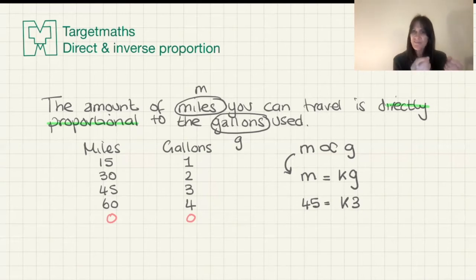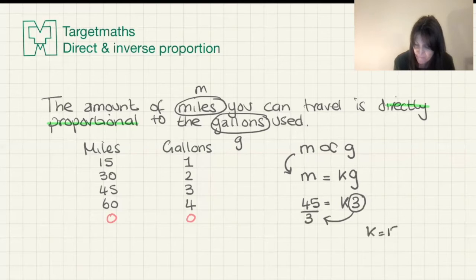So I'm going to use a fact about my story to help me find K. So if I want to know what K is, I've got to get it on its own. So I'm going to move the times by 3. It's going to land is divide by 3. And K is going to be equal to 15. So my equation for this story is miles will equal 15 times whatever G is.